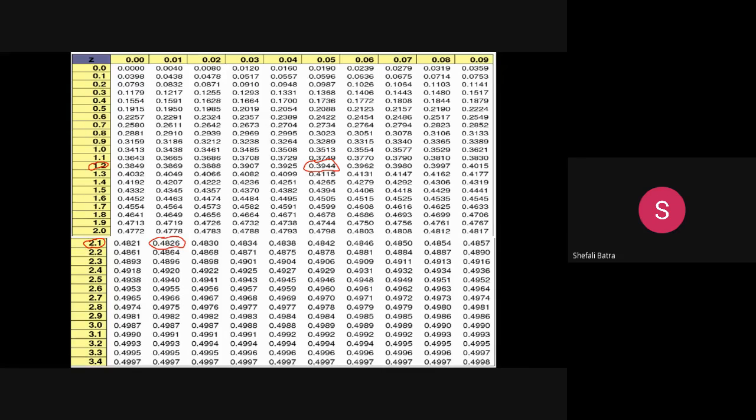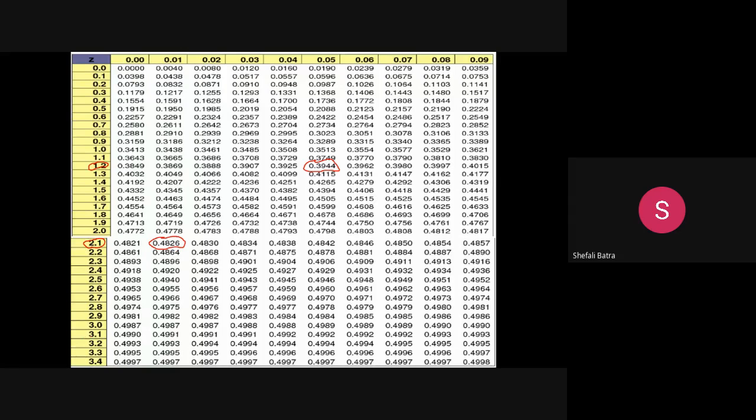Similarly, if I'm asking you, tell me the value of 3.26. Yes, get the value of 3.26. It's 0.4994.